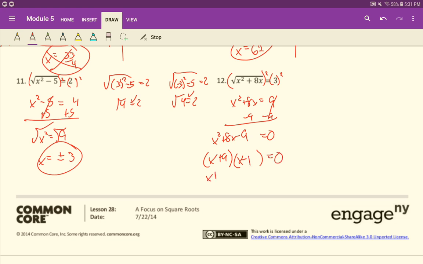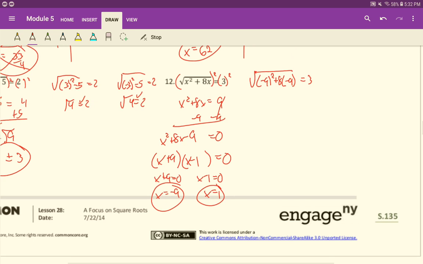Okay, and so we set each of those factors equal to 0, and we solve. X equals negative 9, x equals 1. Okay, yes, we do have to check both of those back into the original equation. So let's try the negative 9. Okay, and let's see here. Negative 9 squared will be 81.